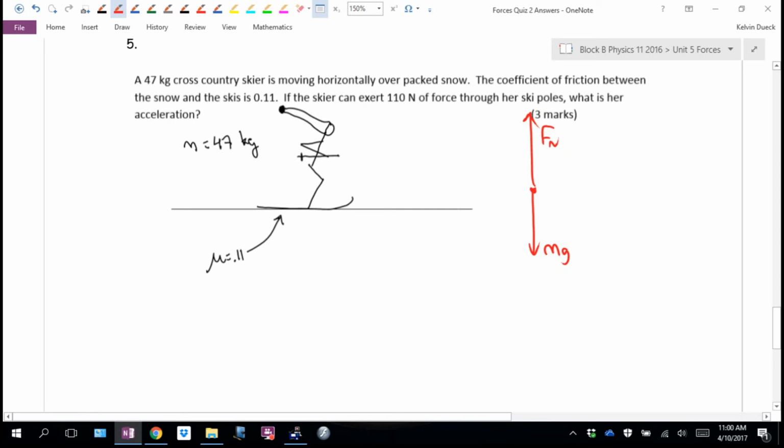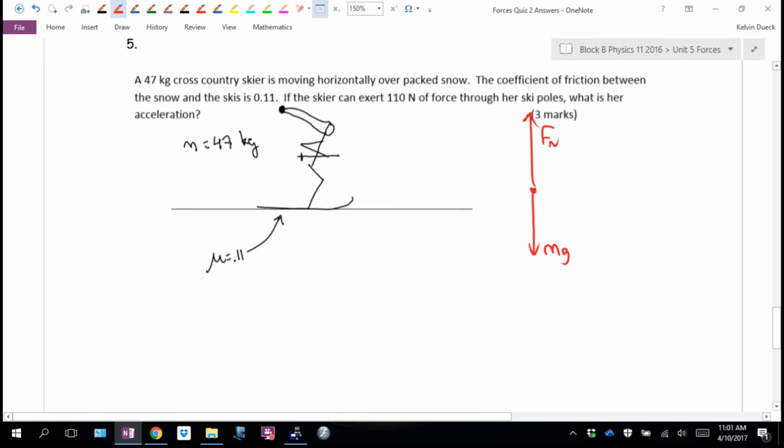Now, I can't remember if it was this block. Somebody asked me a good question. They said, Mr. Dewick, it says the skier exerts a force of 110 newtons through her ski poles, but Mr. Dewick, she pushes backwards. Shouldn't that force be pointing backwards? What does she push against with her ski poles? The snow? How big a force does she exert?